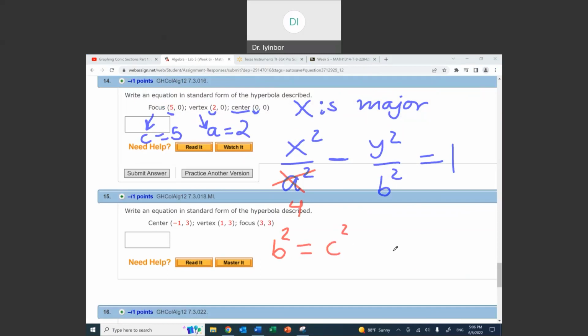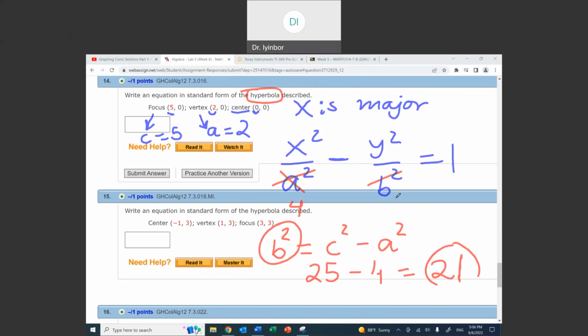Make sure you look at whether it is ellipse or hyperbola. So c squared is 25, minus 2 times 2 is 4, so that gives me 21. So b squared is 21, and I'm just going to replace b squared with 21.